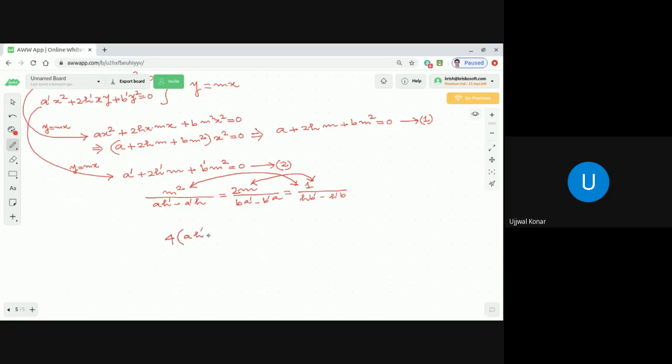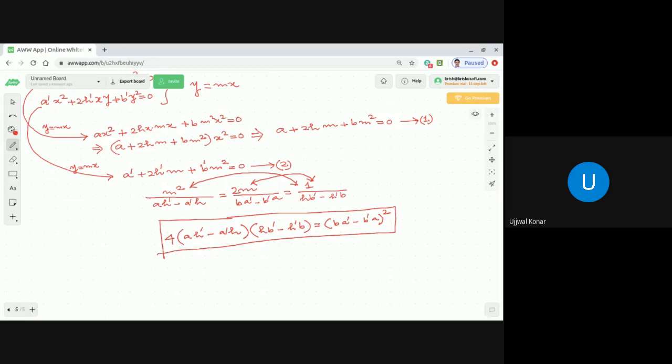So we get a h dash minus a dash h into h b dash minus h dash b is equal to b a dash minus b dash a, complete whole square, and this is the required condition, dear students.